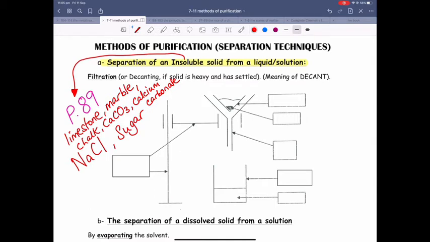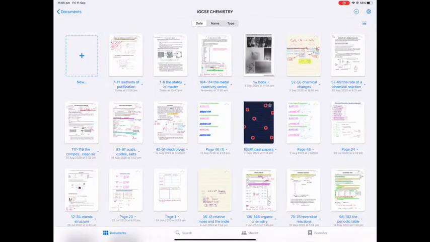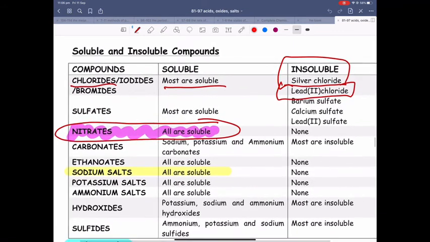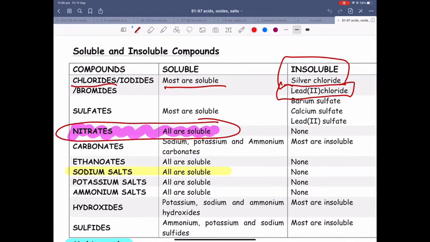So how are you supposed to know the exceptions? Well, you don't need to know all of them, but the ones that you do need to know can be found on page 89. So these are the ones that you need to know. Remember, ionic compounds are generally soluble in water, but these are the ones which are insoluble.